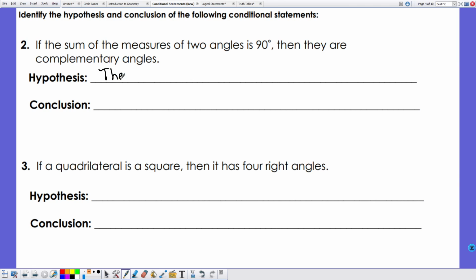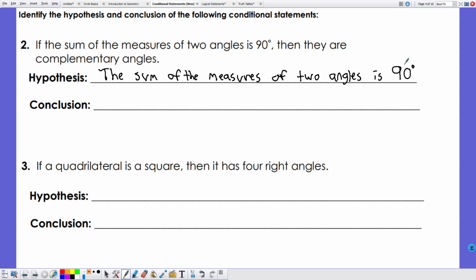The sum of the measures of two angles is 90 degrees.